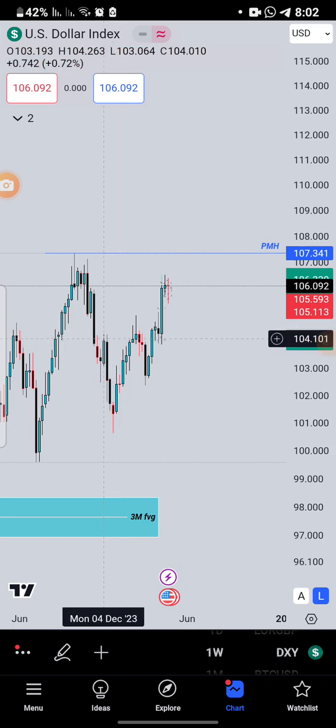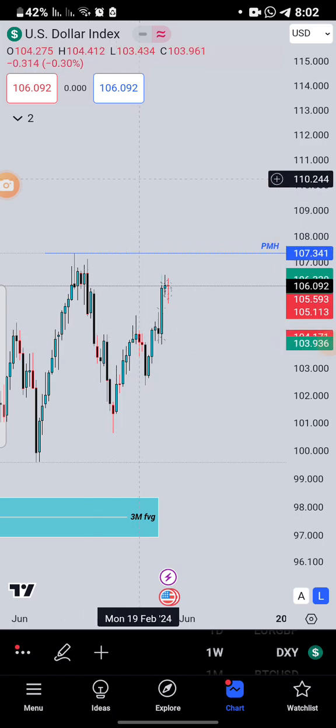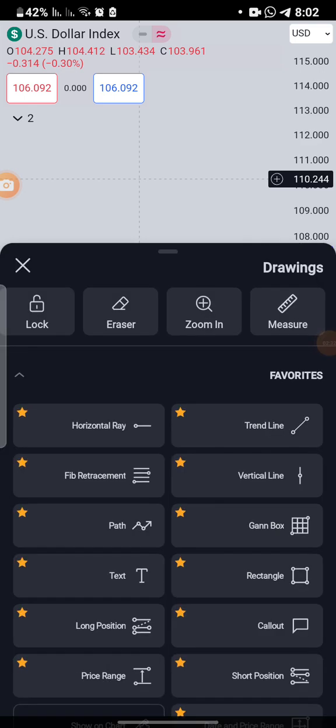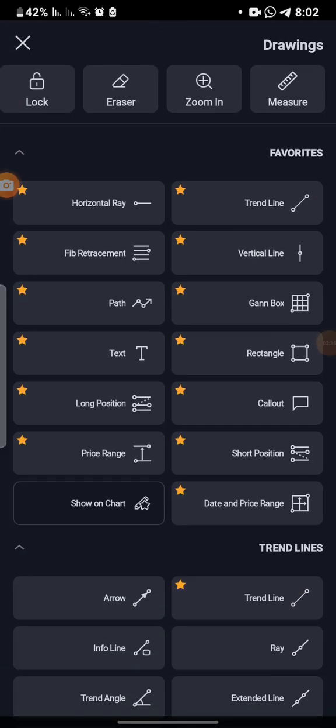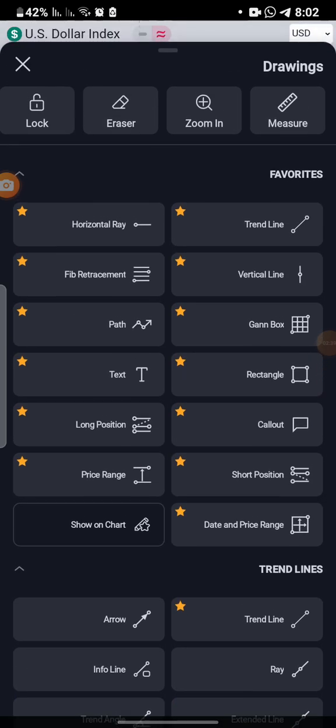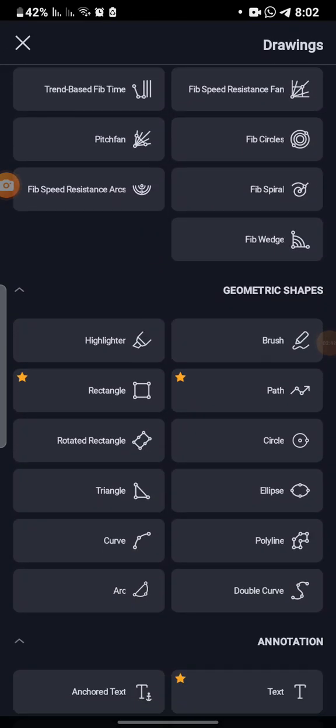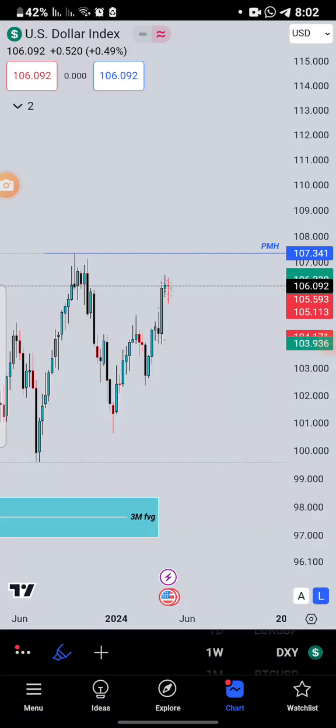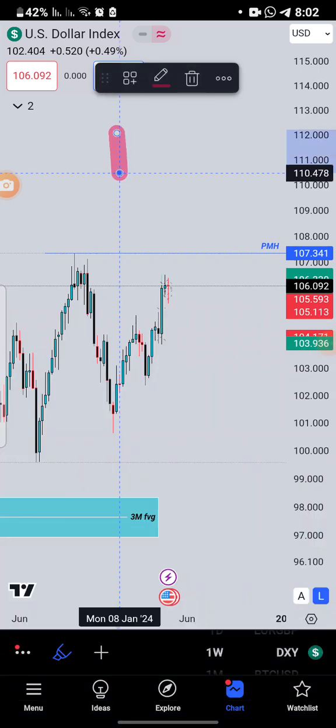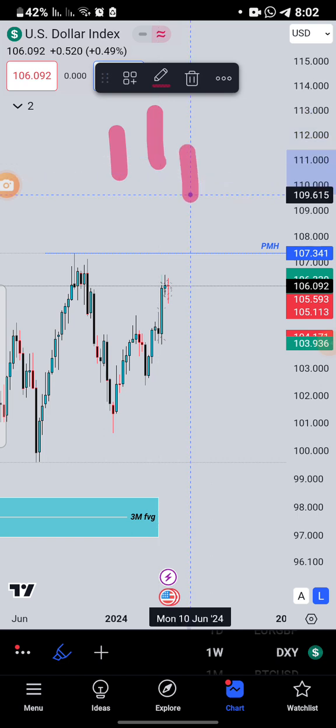To those who do not understand the market structure shift, it is when we see a candle closure above the previous swing point. What I refer to as a swing point is where we have a candle's high. Let me use this marker of mine. We have a candlestick, another candlestick, another candlestick.